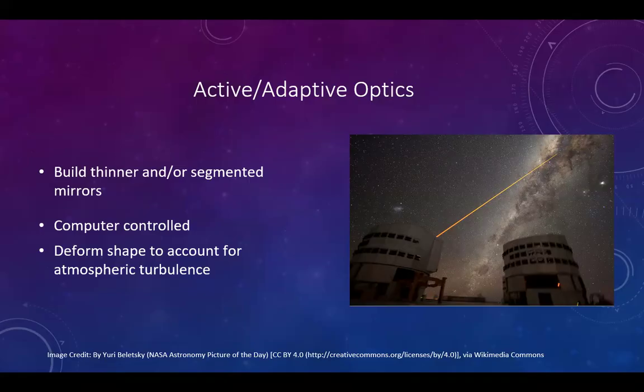And then you image that and adjust the optics until it looks right. Then you can start taking pictures of other stuff out in the sky. That lets you correct for the current weather conditions, because they change, because the atmosphere is a complicated, messy, turbulent thing.